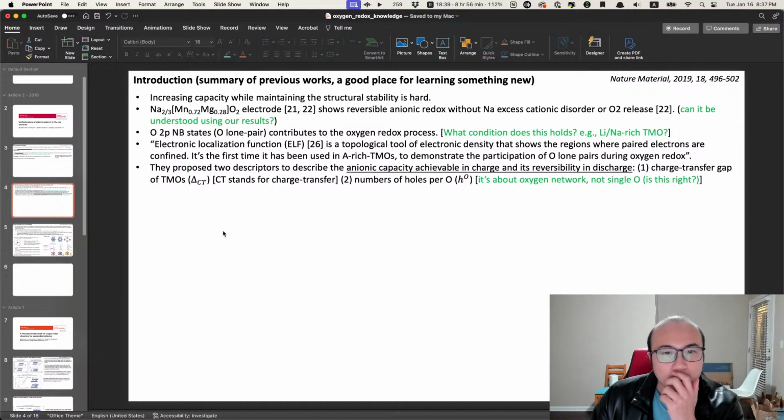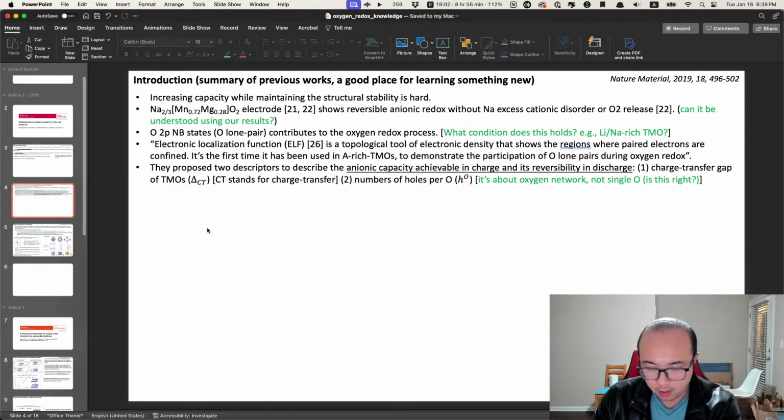Right, so for the introduction, for oxygen redox, what we want from it is to increase the capacity. But when you oxidize oxygen, it tends to rearrange itself.